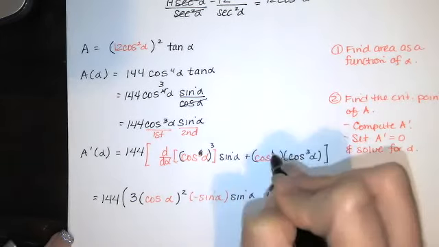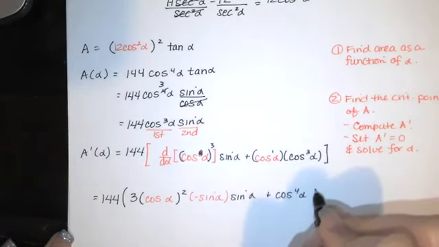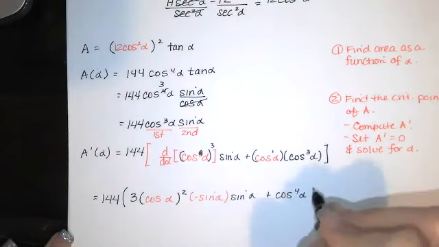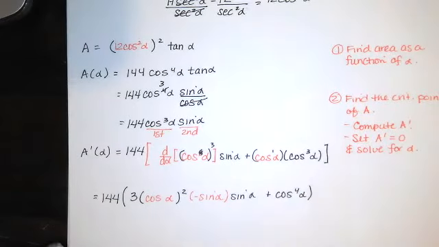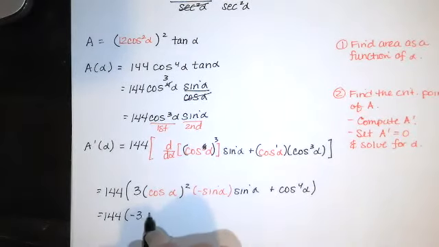And then I've got 4 cosines multiplying each other here, so that's cosine of alpha to the 4th. And then over here, I've got sine times sine is sine squared alpha. And that negative I'll pull out front.